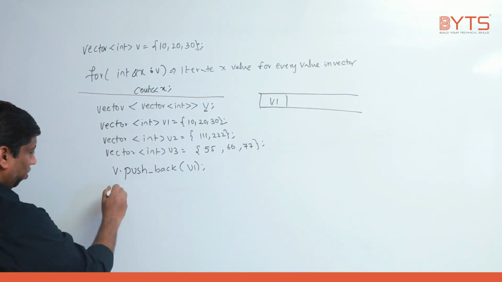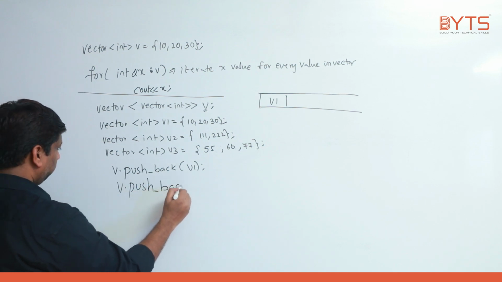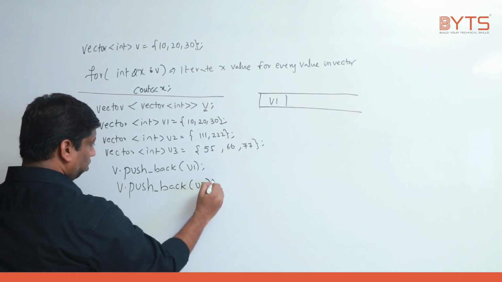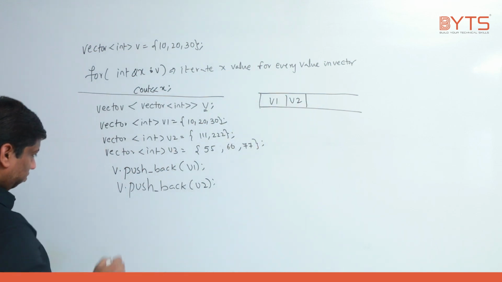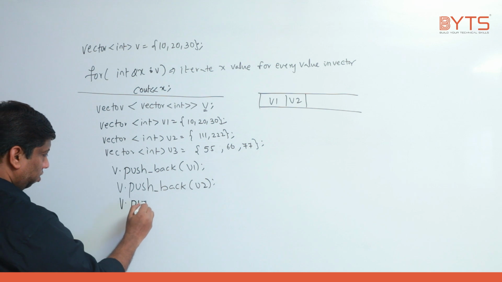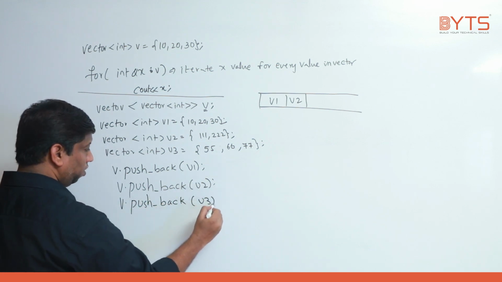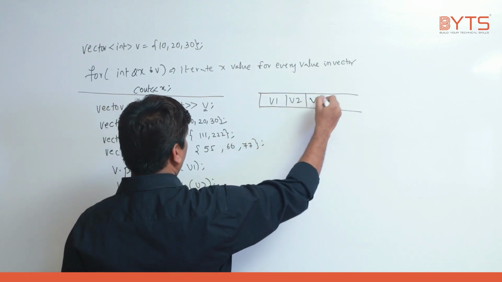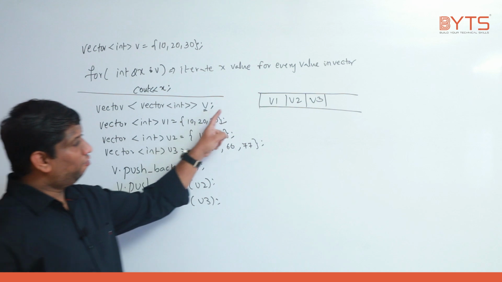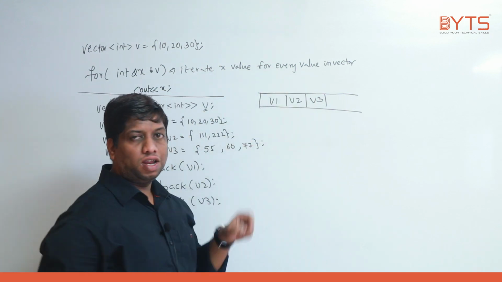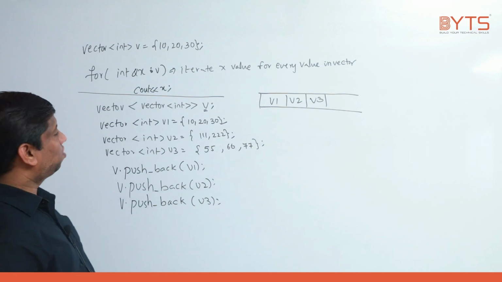Next, v dot push back v2, means next we are storing v2 here. Next, v dot push underscore back of v3. Means what? An array of vector objects, right? This is an array of vector objects, so we say vector array. v is a vector array where every element is of vector type. That is the syntax here.